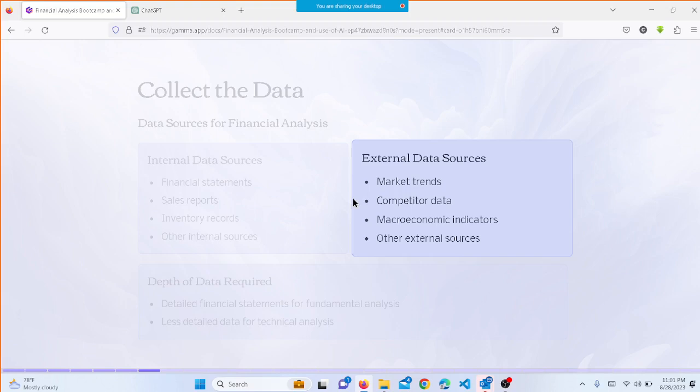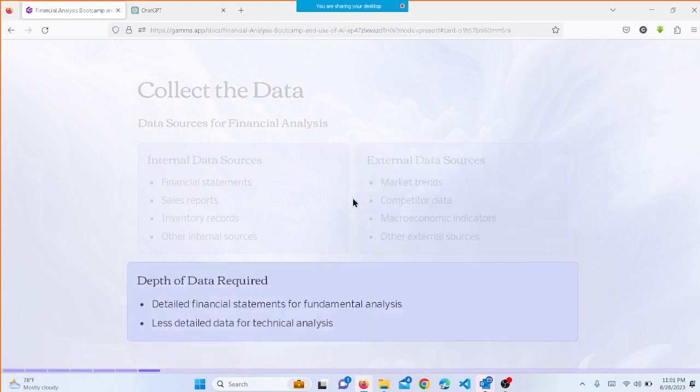Then there are some macroeconomic indicators like GDP, population growth, inflation, unemployment, or other factors which may affect the company's financial position. The depth of the data required also differs.